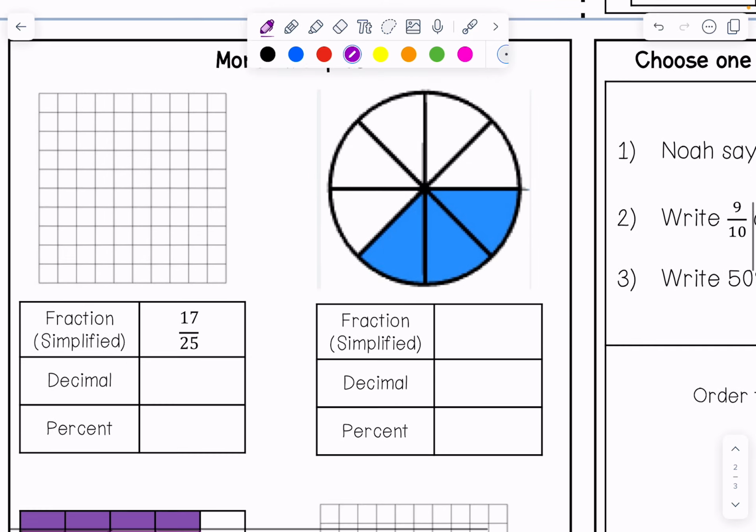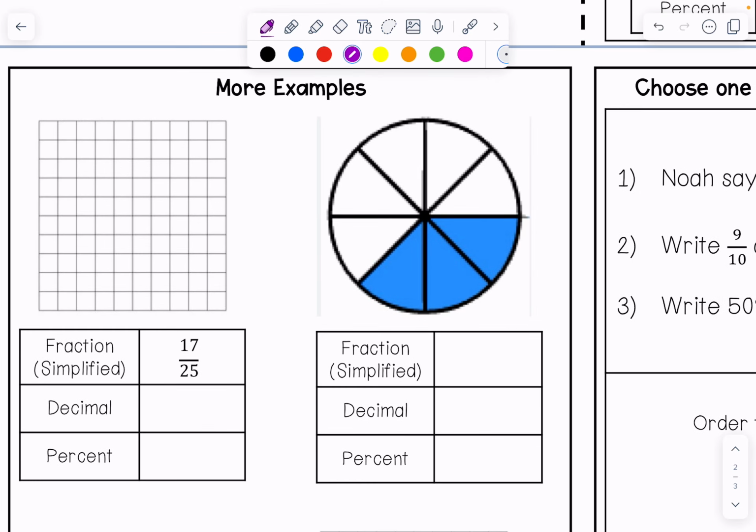All right, we're going to look at some examples that are comparing visuals with fractions, decimals, and percents. On this first example, I actually have my simplified fraction, 17/25, and I want to find the equivalent decimal, percent, and then a visual to help me with that.